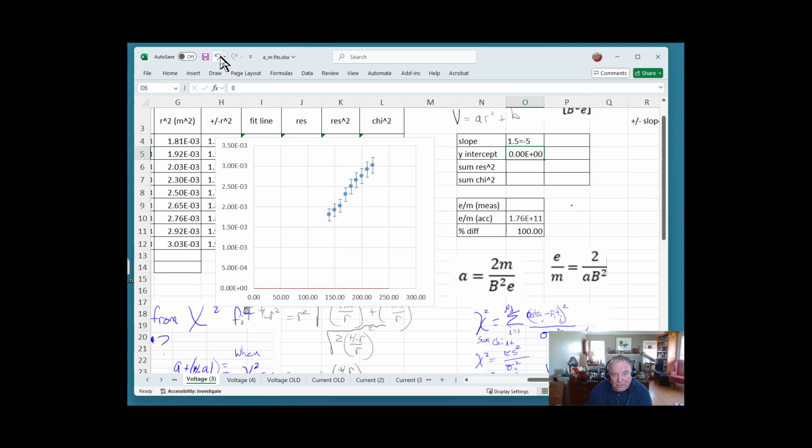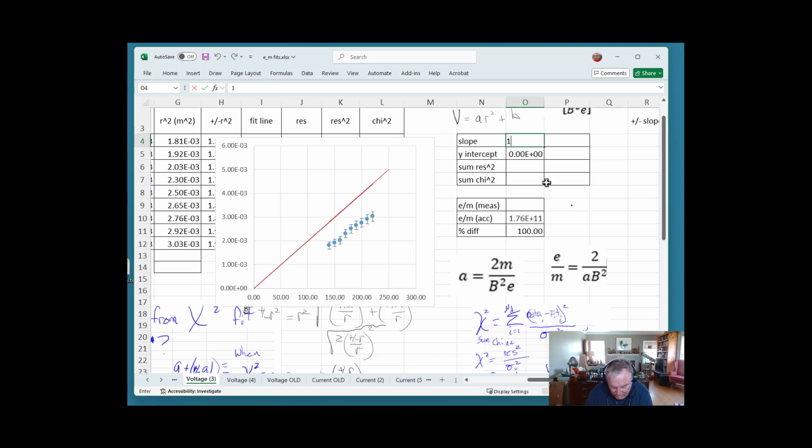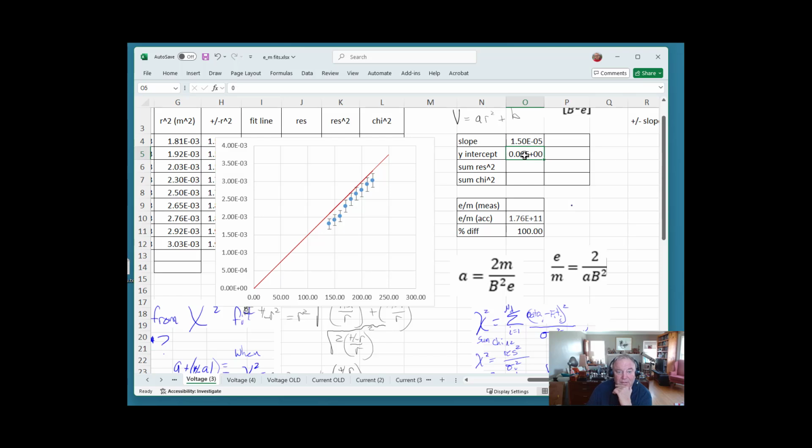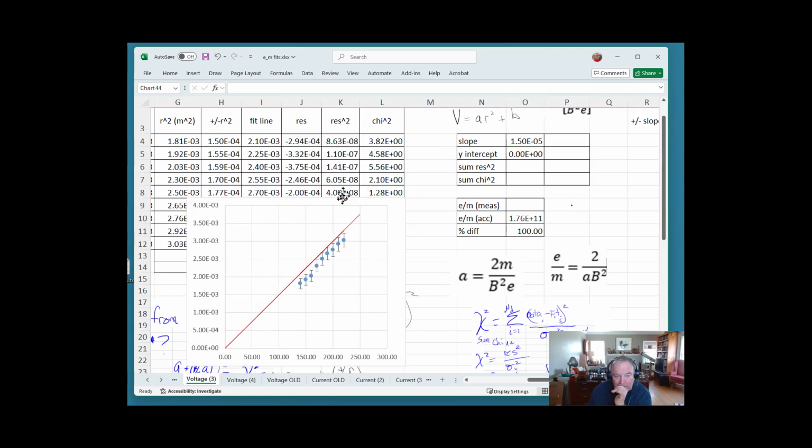Something went wrong. Okay. 1.5 E minus 5. So halfway in between. And it looks like our y-intercept is a little small. But let's let the computer figure it out for us.